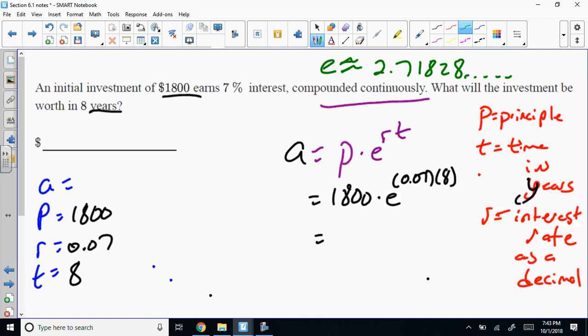All right. So after 8 years, this should be at that amount, right? $3,151.21. Is that good?